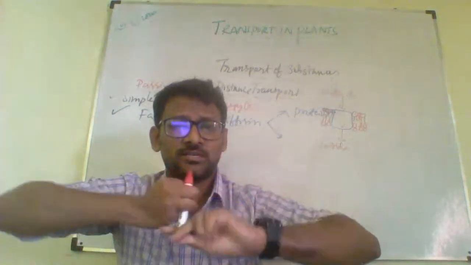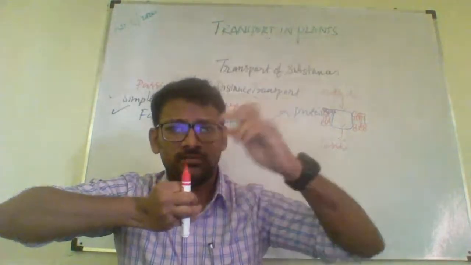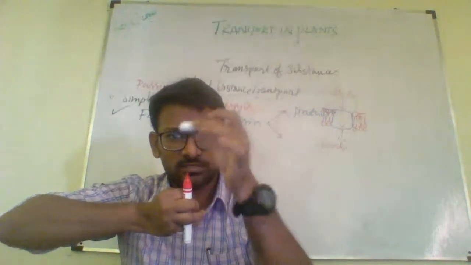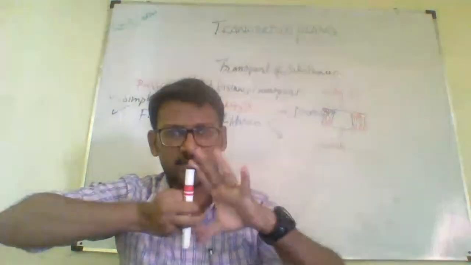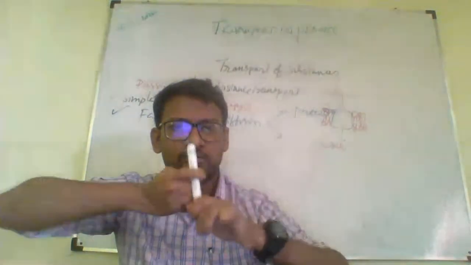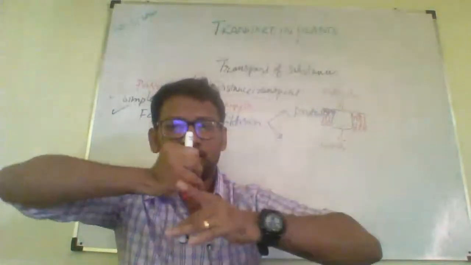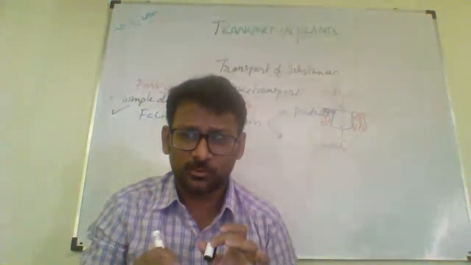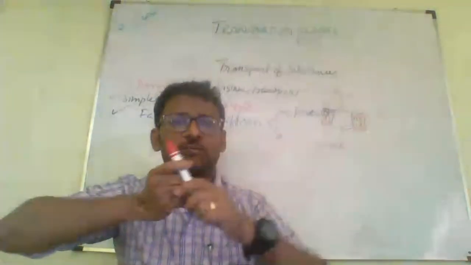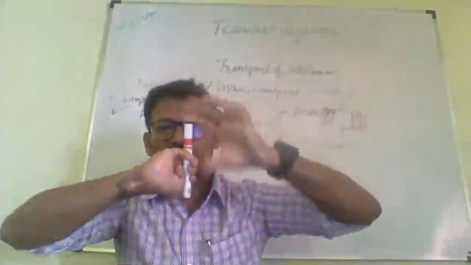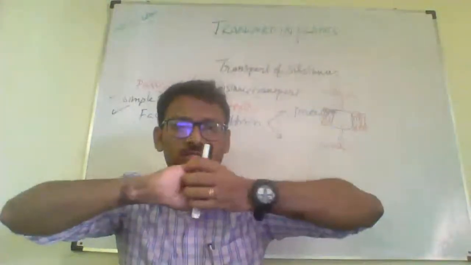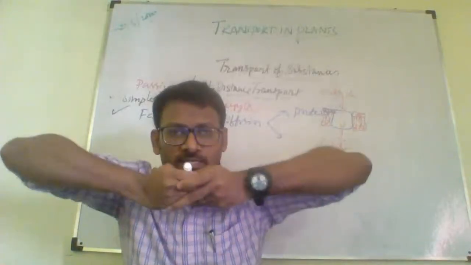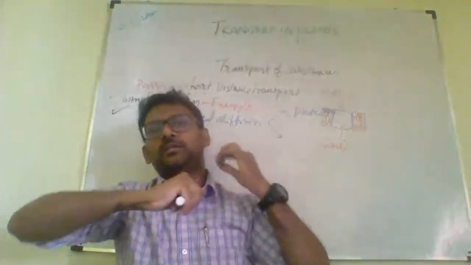So what happens is this carrier protein would actually flip-flop. This is a molecule that needs to be transferred. It will come and bind to this carrier protein, and then it will flip like this. Then it will be released inside the cell. Are you able to understand? Did you get the point? So this is how the carrier proteins flip-flop. The molecule will be attached, and once it flips, it goes inside and is released inside.